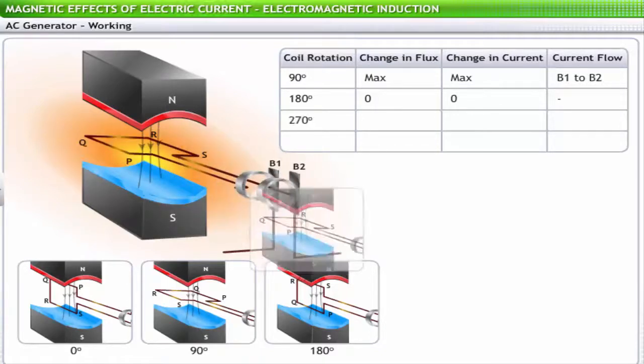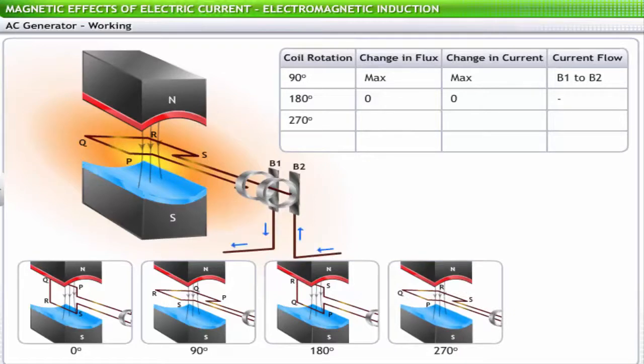Rotating the coil by another 90 degrees causes the current to increase in the opposite direction. Now the coil has rotated through 270 degrees from its initial position. Now the current flows from B2 to B1.